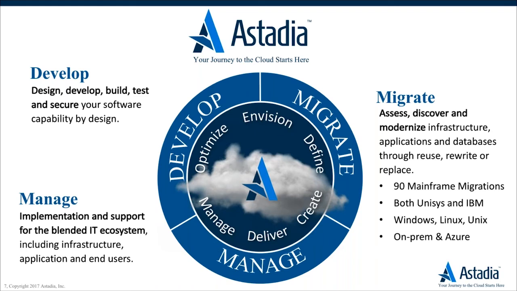We also have a managed services organization, and this managed services organization will manage your cloud environment, help you set up your cloud environment, but also manage on-premises infrastructure and also help desk operations. So if you have a help desk operation that is becoming a burden to you, you can farm it out to Astadia and we'll take over that operation for you.